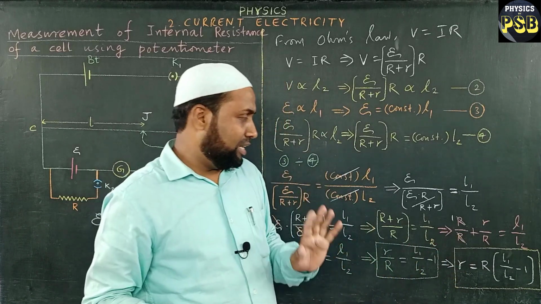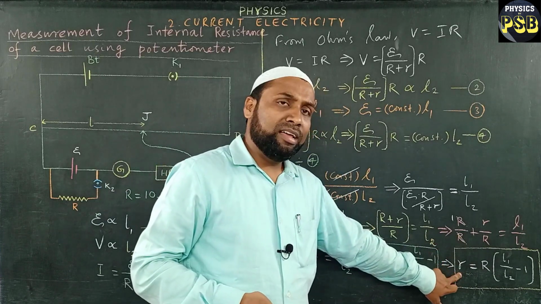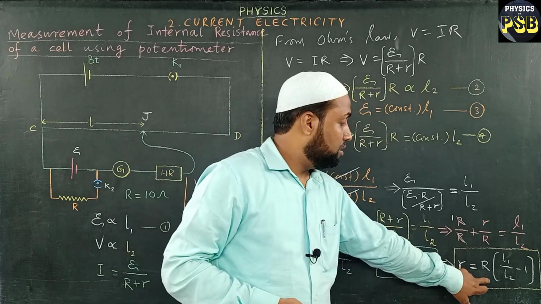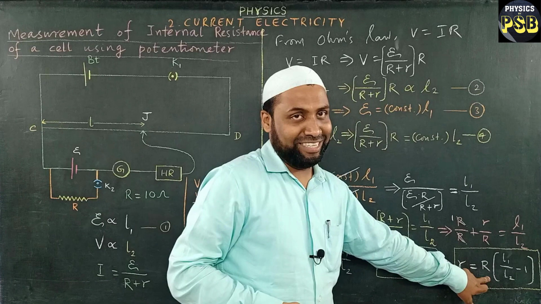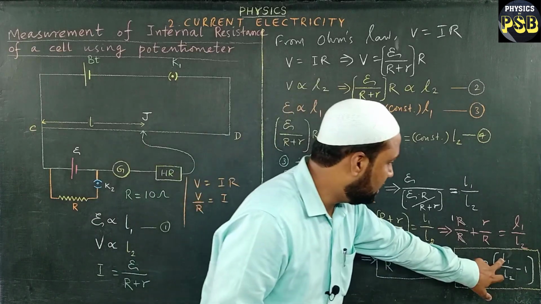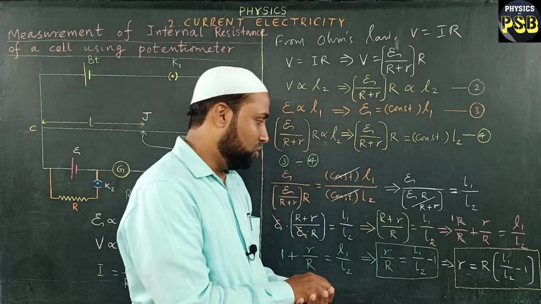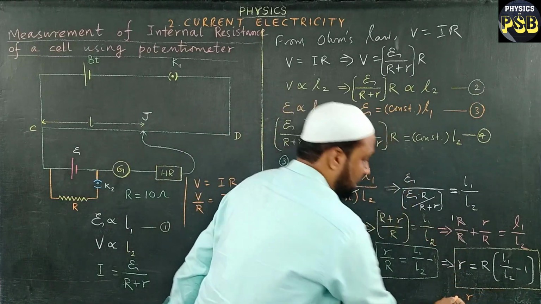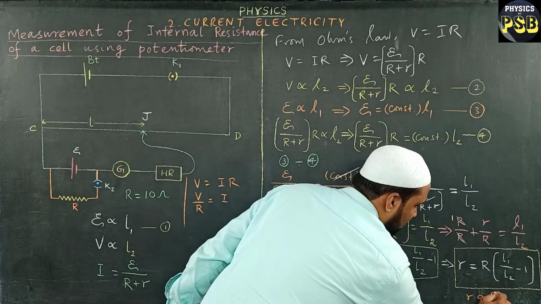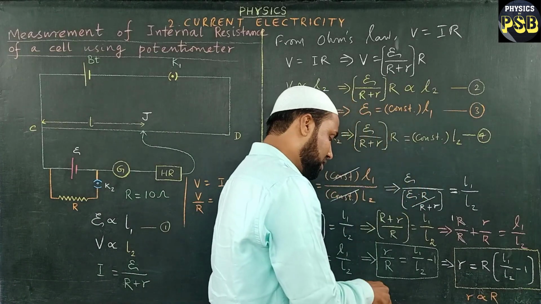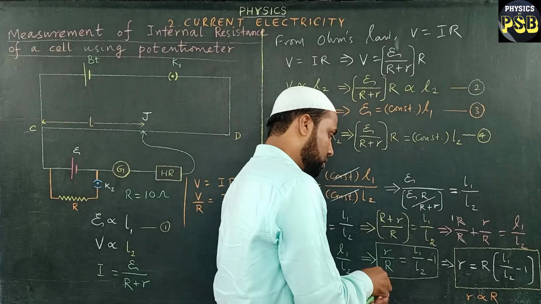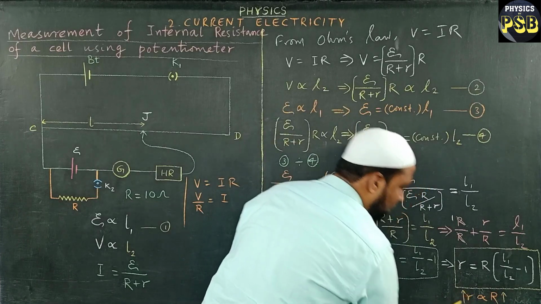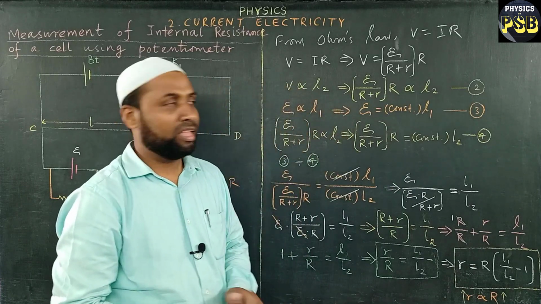In simple words, we can say that r, that is internal resistance, is directly proportional to external resistance, because here this term is a constant. So we can say small r is directly proportional to capital R. It means when R value increases, small r value will increase.